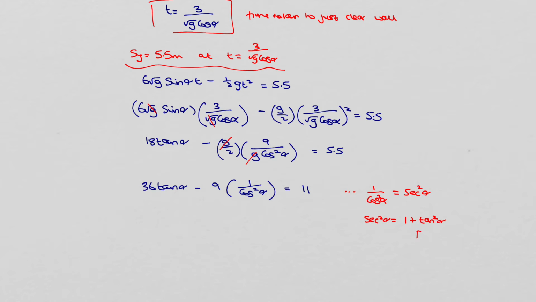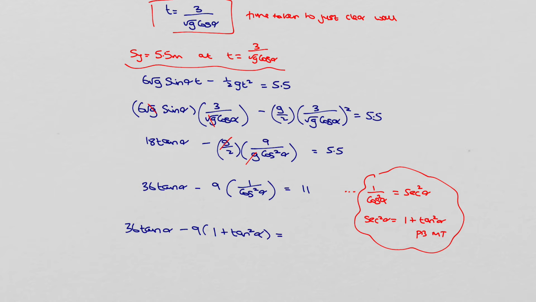All of that is at the top of page 13 in our maths tables. That means I now have an equation totally in terms of tan, in other words a quadratic equation. And if we have a quadratic equation, we know we're going to get 2 solutions for alpha, which is exactly what we're looking for: 2 possible values.